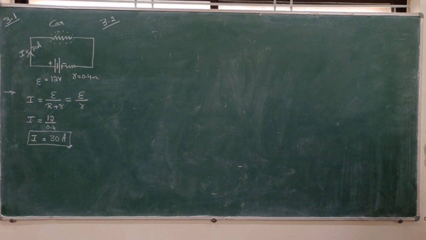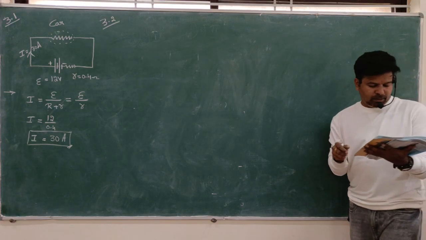So in the second circuit they have given a battery, an external resistance and an internal resistance.